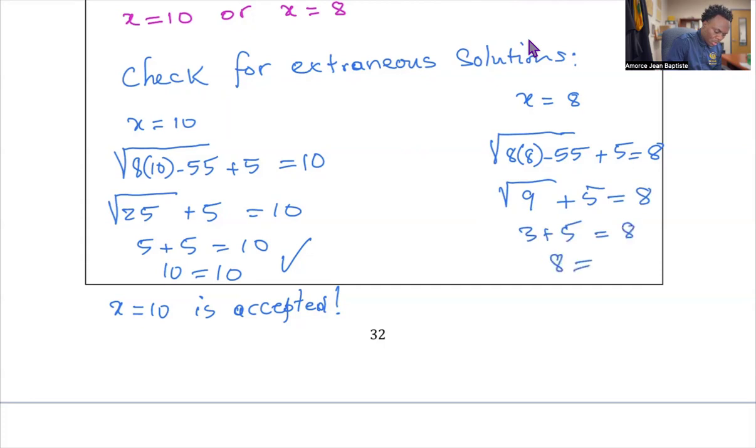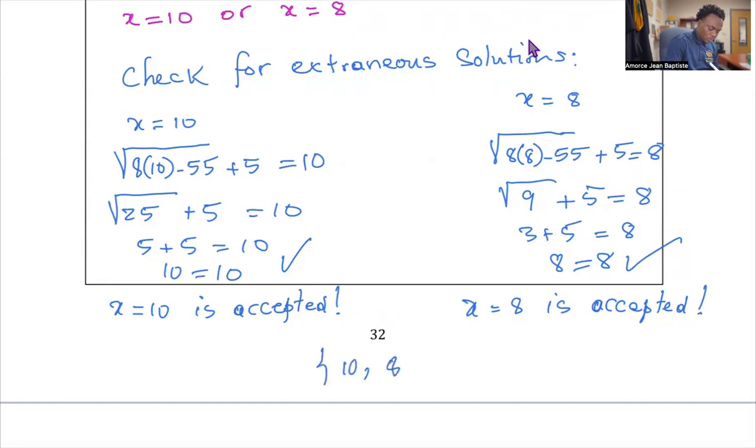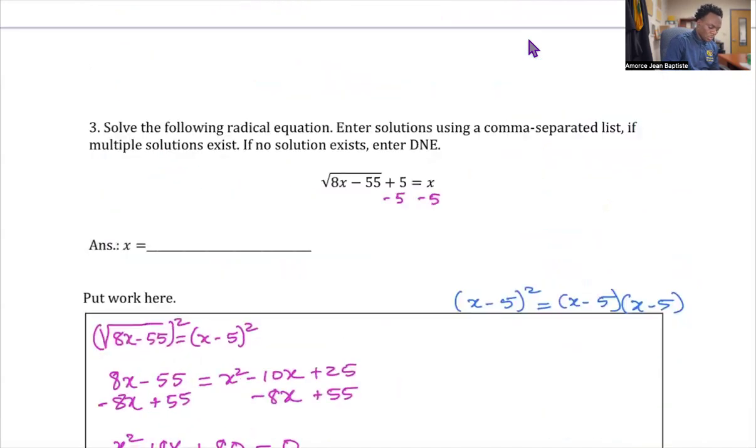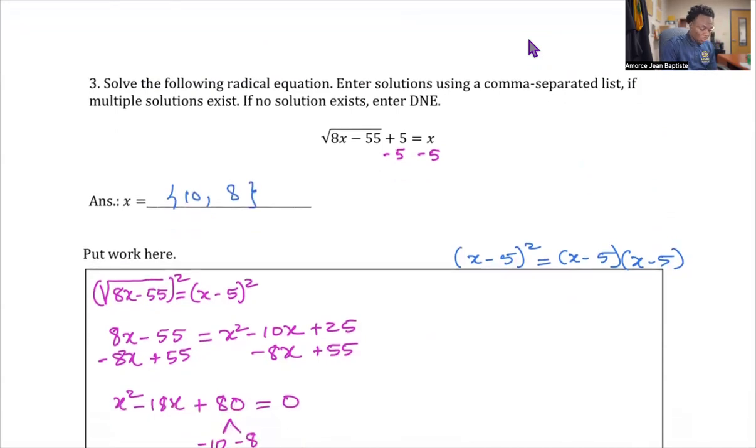So 8 equals 8. This one checks. So x equals 8 is also accepted. So we have the two solutions, and your solution set is 10 and 8. I like to put them up here, 10, 8. Okay.